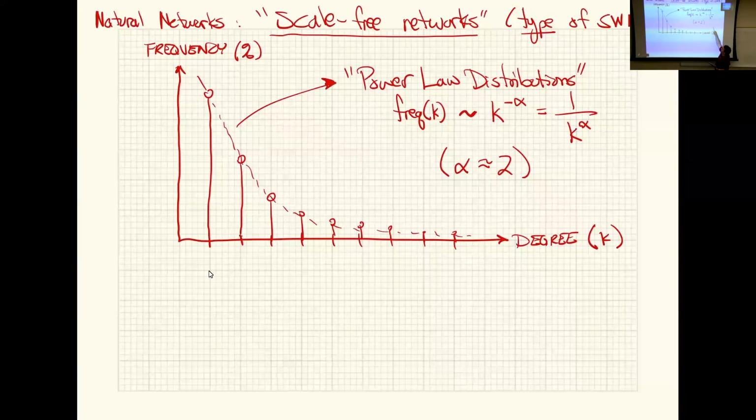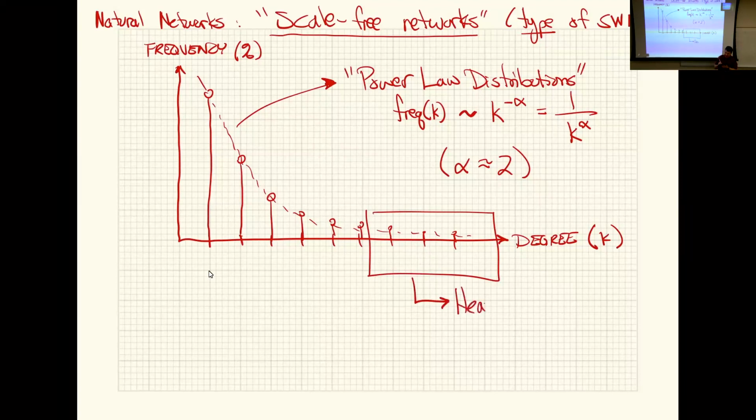And these power law distributions tend to create heavy or fat tails. And fat tails are what generates hubs.